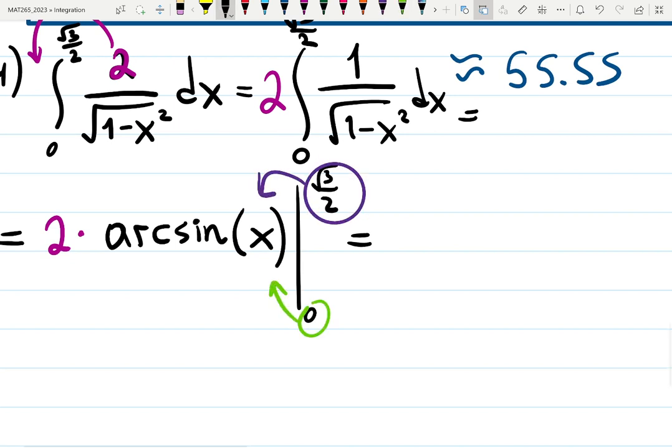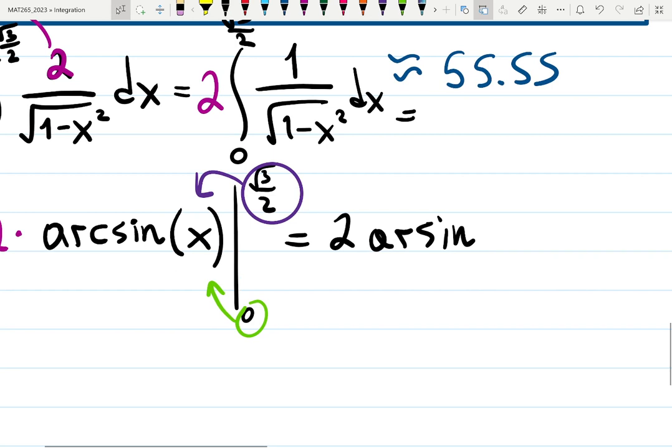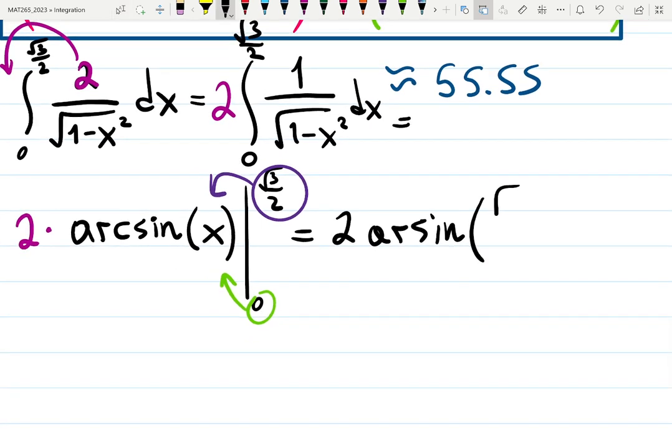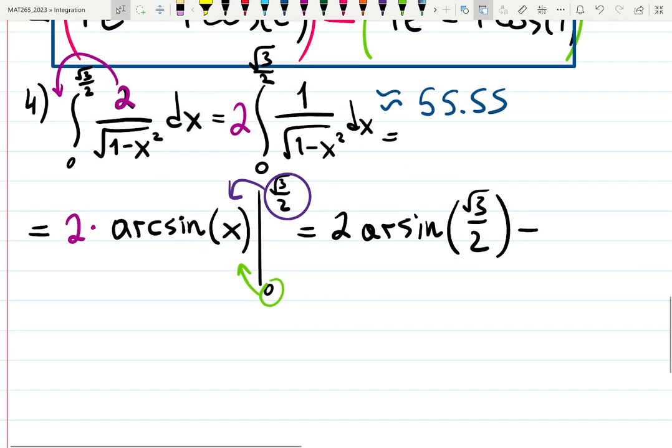It's all the same. And we don't even require you to simplify it. You don't have to. You can plug it into WeBWorK and it will accept this answer, even though you're kind of supposed to know what angle's sine gave you square root of 3 over 2. See, it's an inverse process.